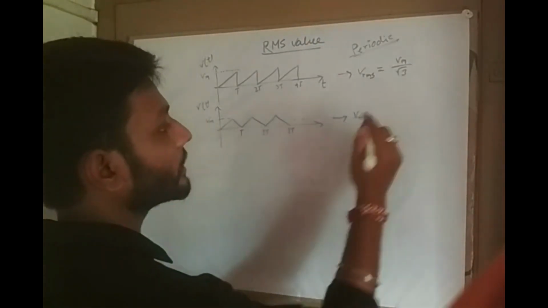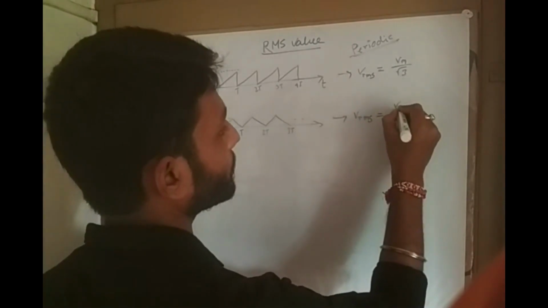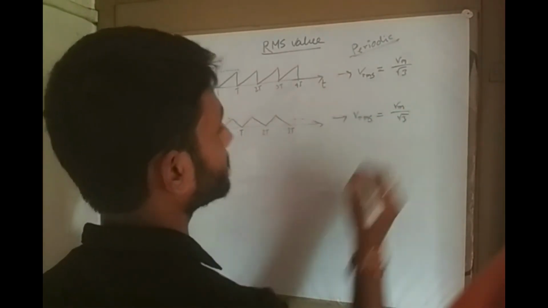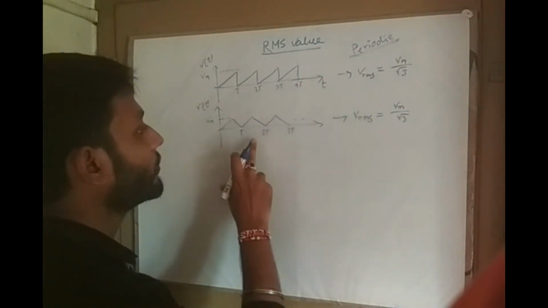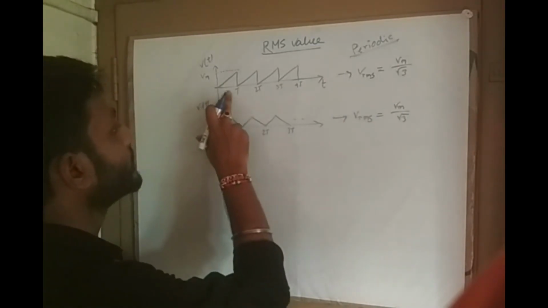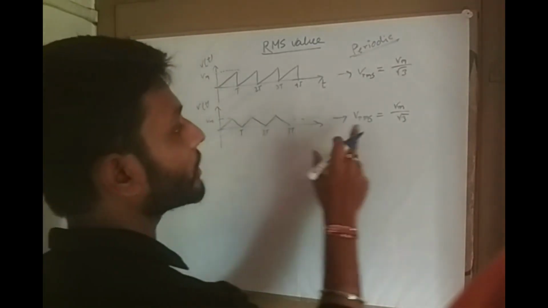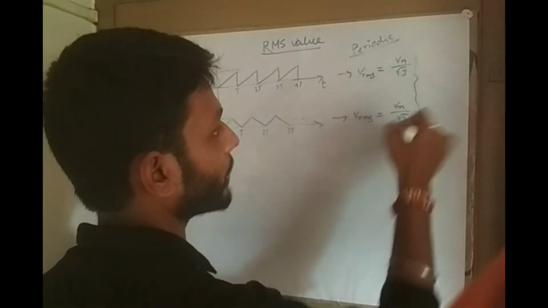The RMS value of this signal is also equal to Vm divided by root 3. For full wave, both triangular signals have the same RMS value.